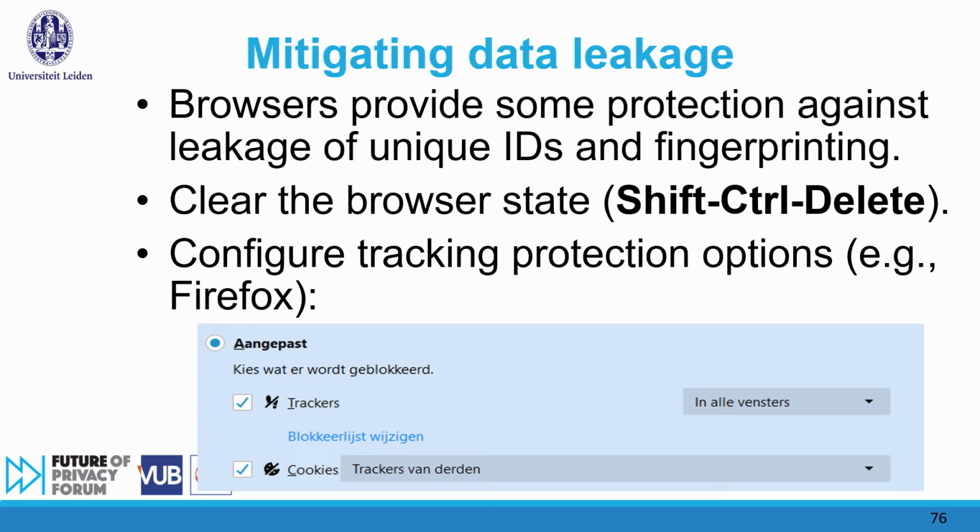And in Firefox, for example, you're not just blocking third parties, you can also now say we want to block specific cookies, because we know that these may be used for tracking. So at the moment the browser detects that a tracking cookie may leave the browser and start to communicate with the third party, this configuration option helps the user to block that communication.